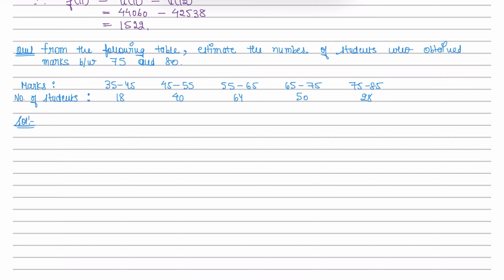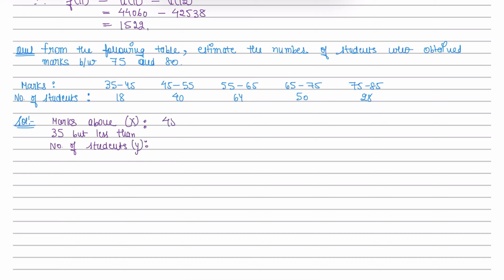So firstly, we have to prepare a cumulative frequency table, which will be as marks above 35 but less than, and the corresponding number of students. This will be treated as x and this will be treated as y.